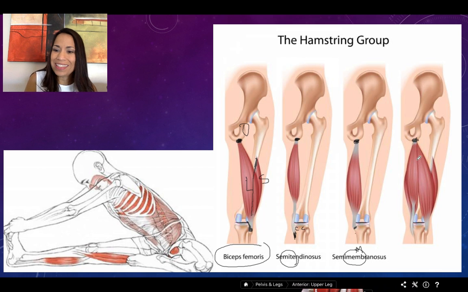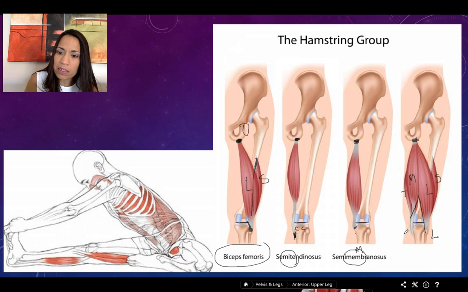So in here you can see all of the muscles together. Short head of biceps femoris, long head of biceps femoris. This is the semimembranosus, and this is the semitendinosus. As you can see, they spread. Biceps femoris attaches on the lateral side of the leg.